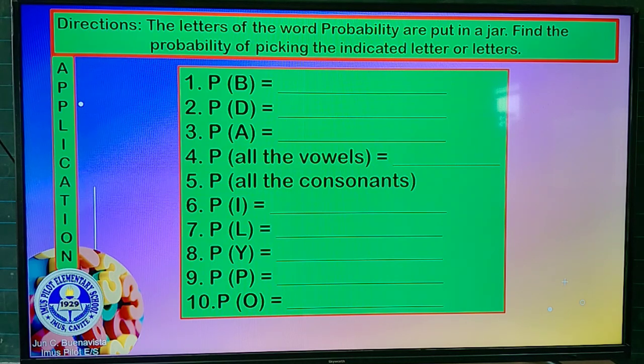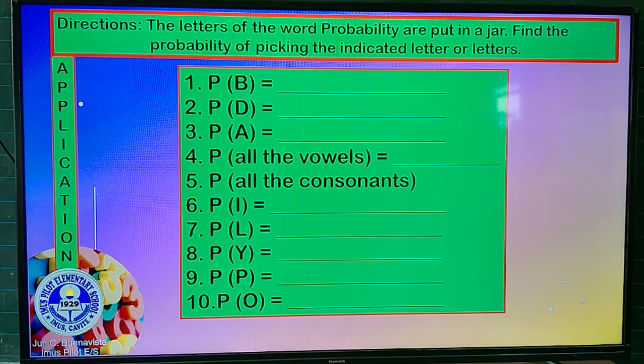Okay? So now, this is your time to do your task. The letters of the word probability are put in a jar. Kunyari nakaisa-isa yun ng mga letters na yan. Find the probability of picking the indicated letter or letters. Halimbawa, ilan ang probability na mabunot mo yung letter B?